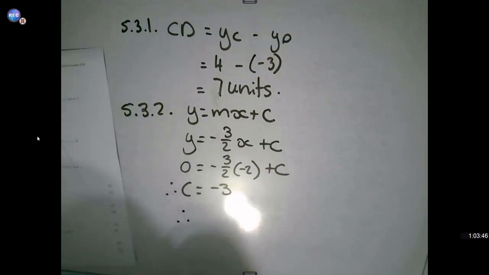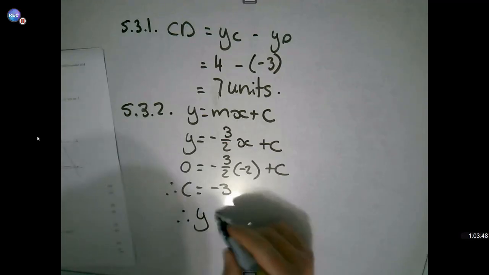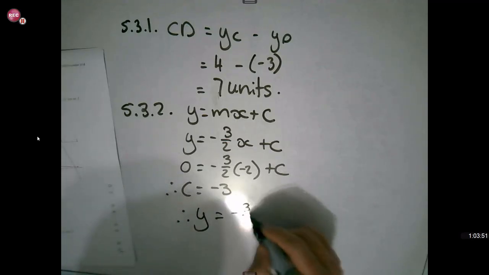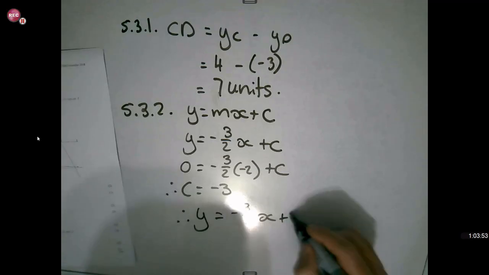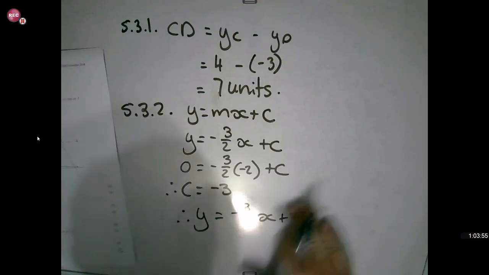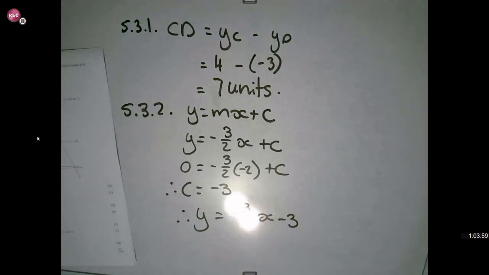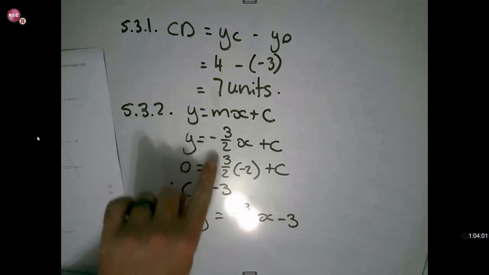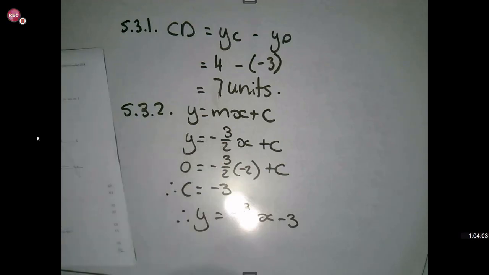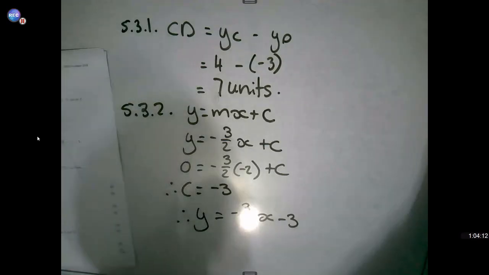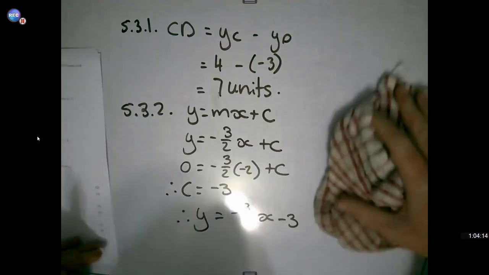So therefore, the equation of the straight line would be y equals negative 3 over 2 x minus 3. If you wanted to know how I got to this, I gave you the formula. You just use the points for A and D, which you've calculated already, to calculate the gradient.